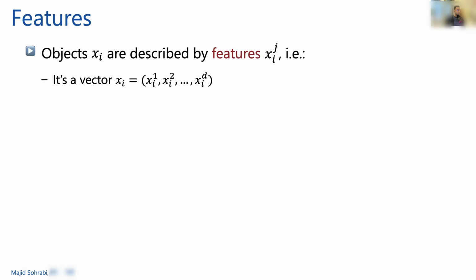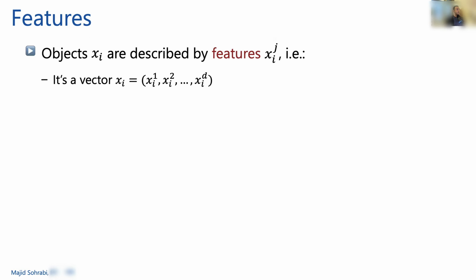Let's define the features. Earlier, by denoting a small x with subindex i, we defined an object. If we want to add a number of features, we need another component, x_ij, where j is the feature number for an object.